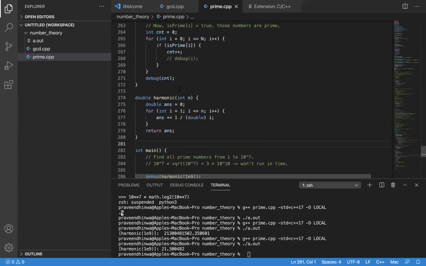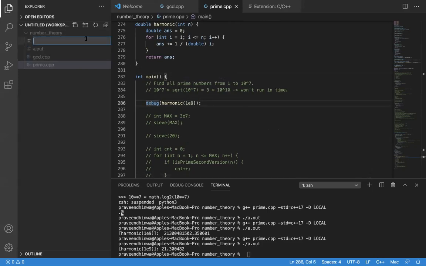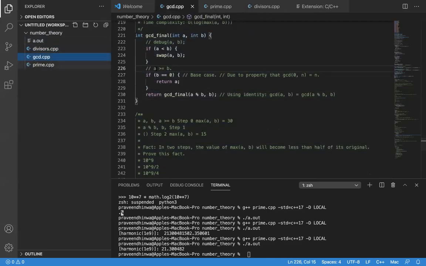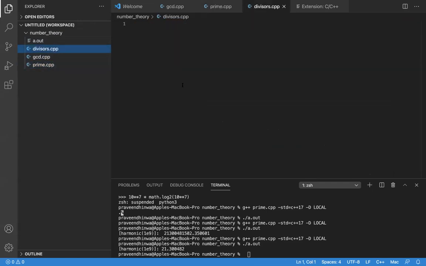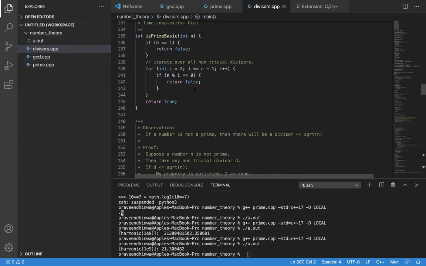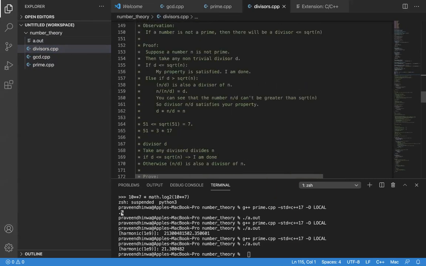Okay, so let's do one more thing, just quickly, divisors. Let's say I want to find the divisors of some number n, and n is from 1 to 10 power 9.